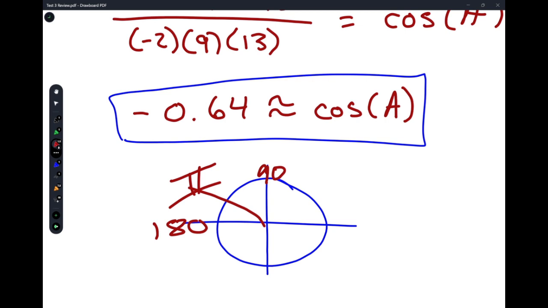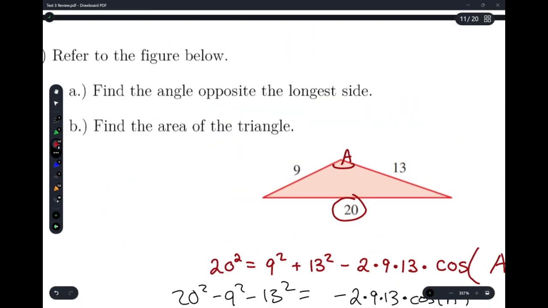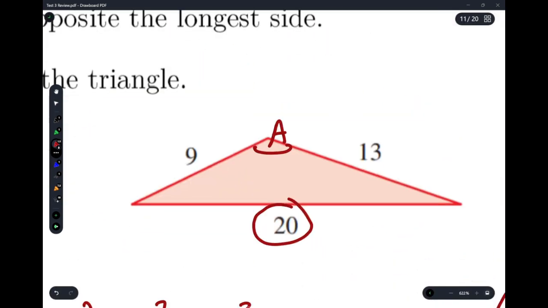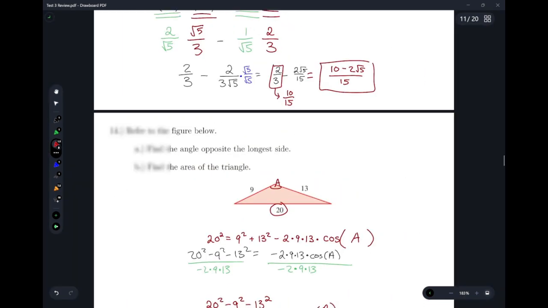And so if cosine ends up being negative, it's not like, oh crap, it's bad, which I actually thought at first because negative sine would have been bad, because that would have been over 180, which is off a triangle. Negative cosine just means it's obtuse. It's bigger than 90. Does that angle look like it might be obtuse, the one we're solving for? A looks obtuse to me.